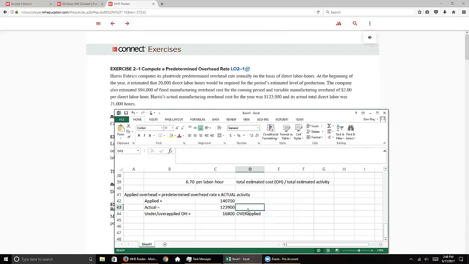Any other questions here for now in terms of my predetermined overhead rate, coming up with applied overhead, and then determining whether I'm under or over applied? Very, very critical. Okay. Just want to make sure I got all my dots connected. Sure.